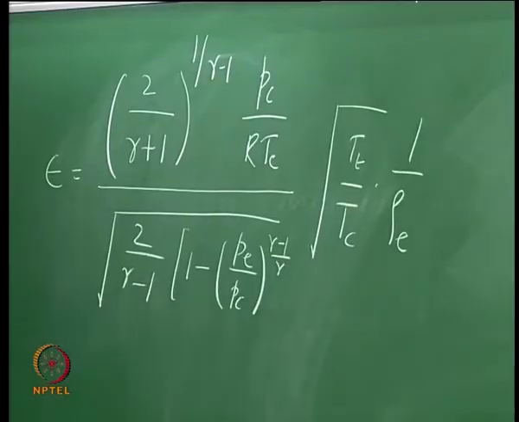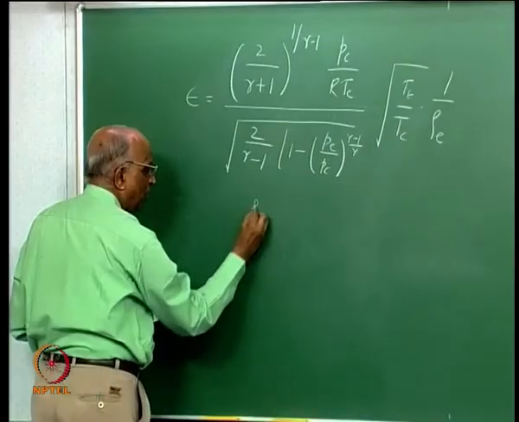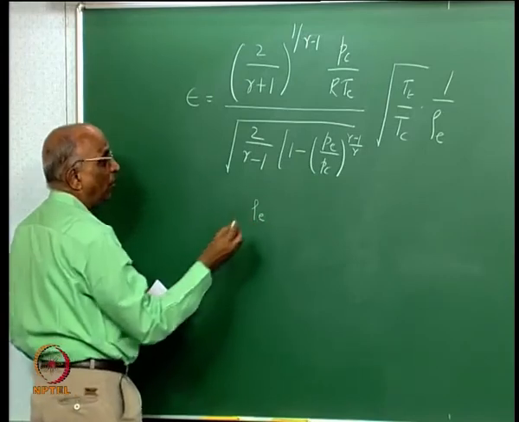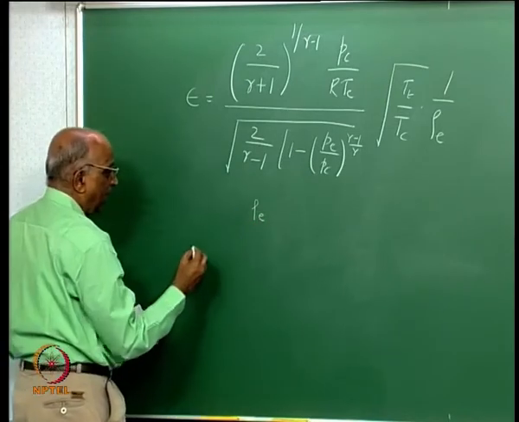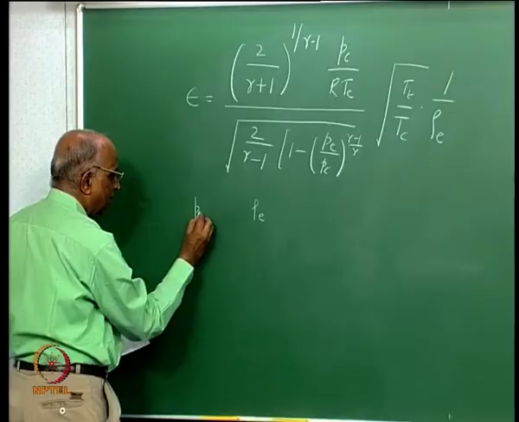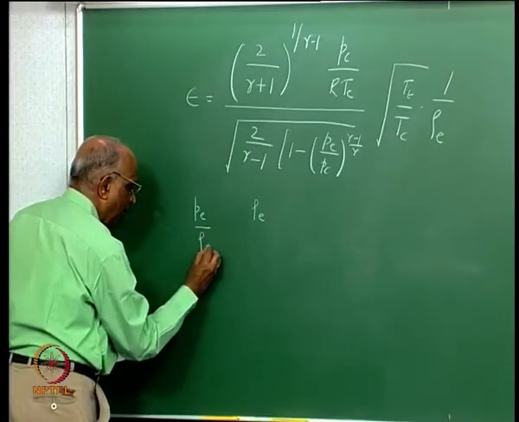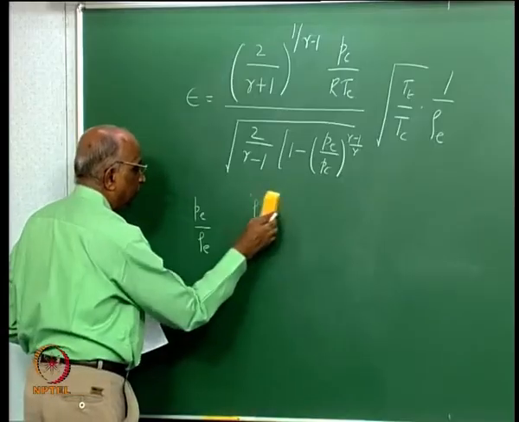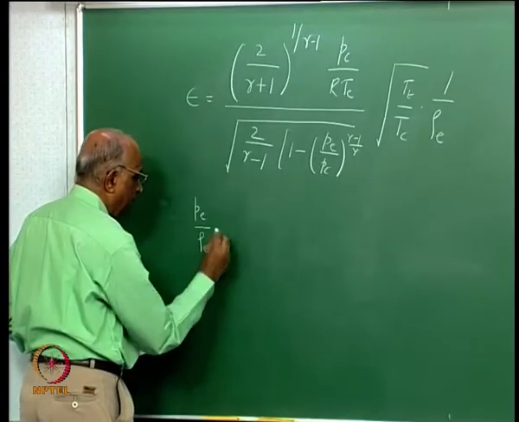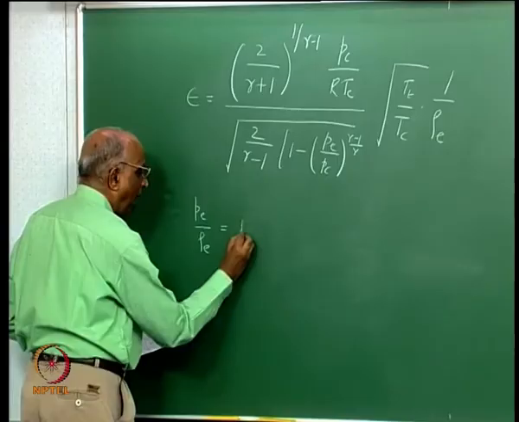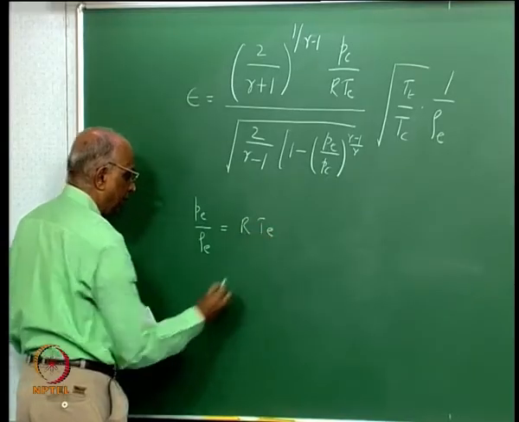I can write rho e in terms of the pressure at the exit: pressure at the exit divided by rho e is equal to R into Te.